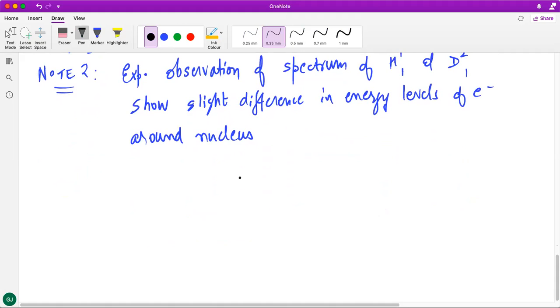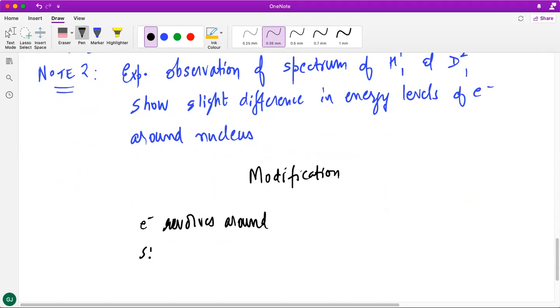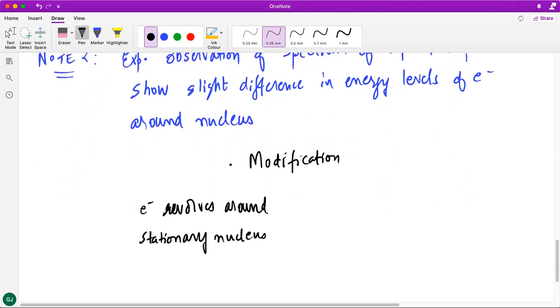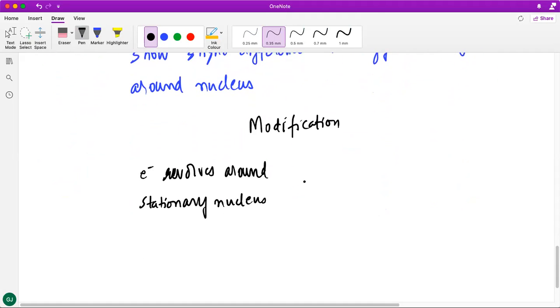So what is the modification? Notice, earlier what was thought was that the electron revolves around a stationary nucleus. That was the understanding, that the nucleus is stationary and the electron is revolving around it.